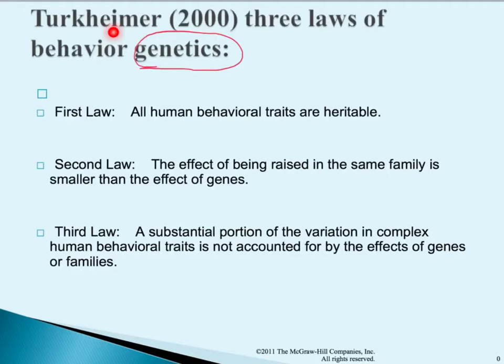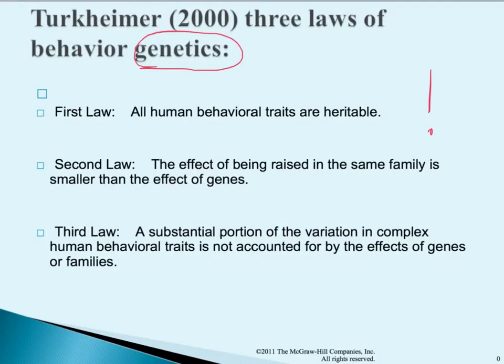Turkheimer, a famous scientist of genetics, put out 3 laws around behavior genetics. First, he argued that all behavior can be inherited. Wow, what a big sentence. What a big thought. What's he saying there?